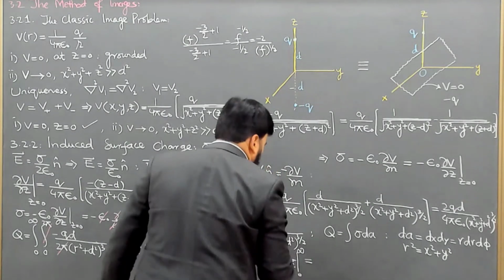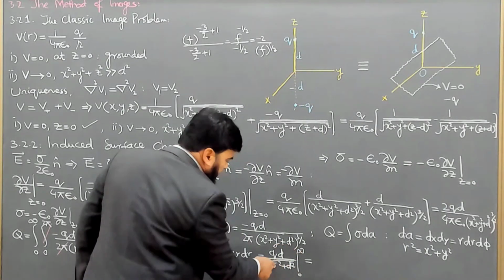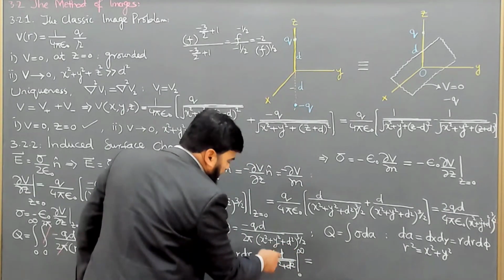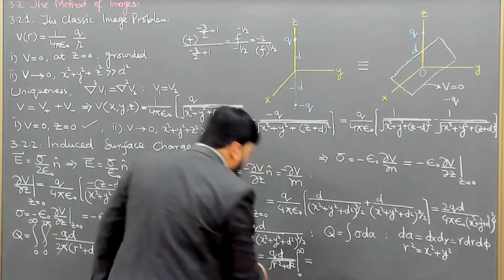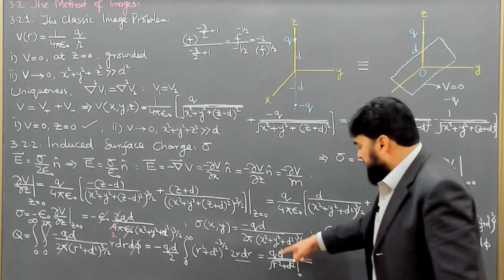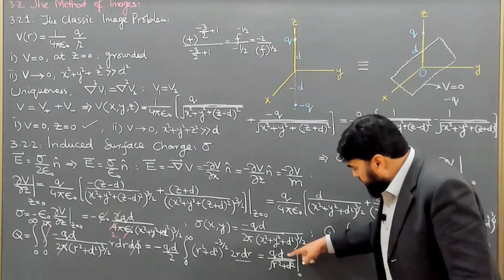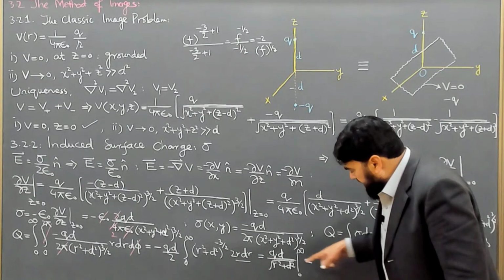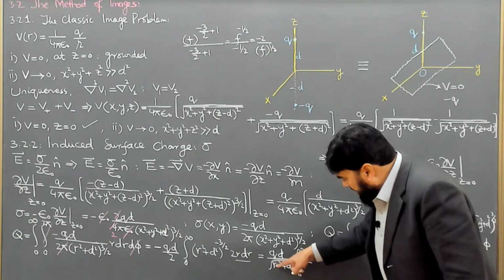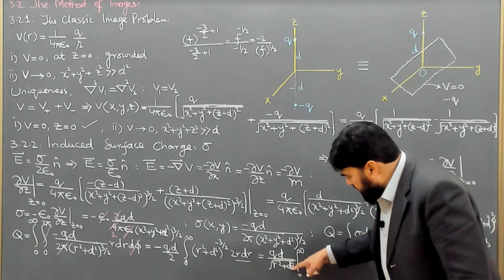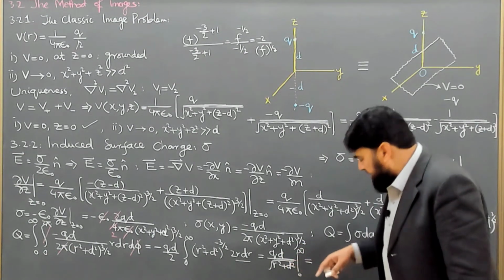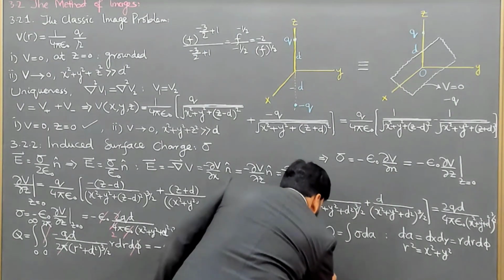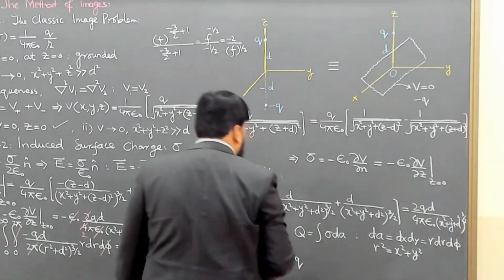When you put r equal to infinity first, something divided by infinity is 0, minus this value. So the first term is 0, and then minus qd by this. When r square is 0 here, the square root of d square comes out to be d, d and d will cancel, and you will have minus q here.